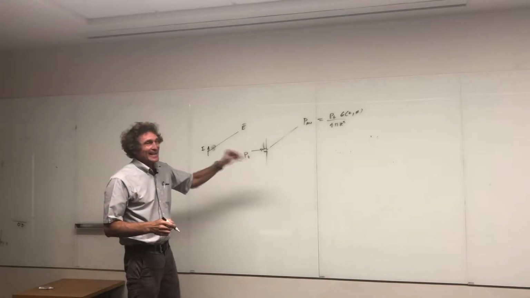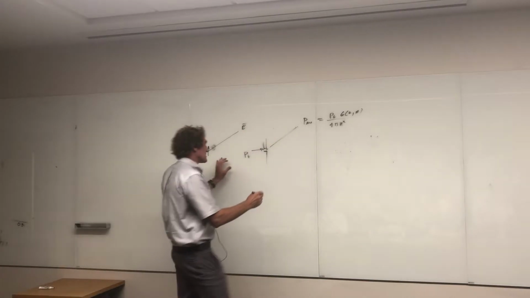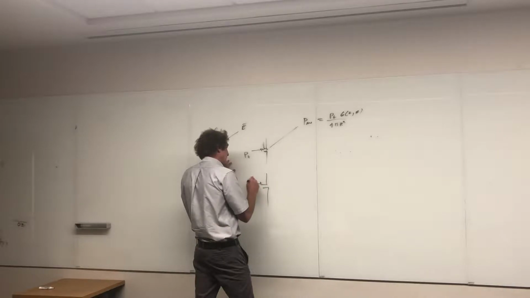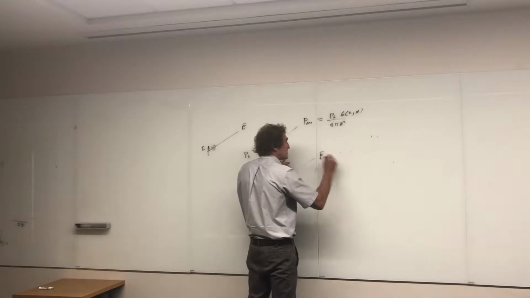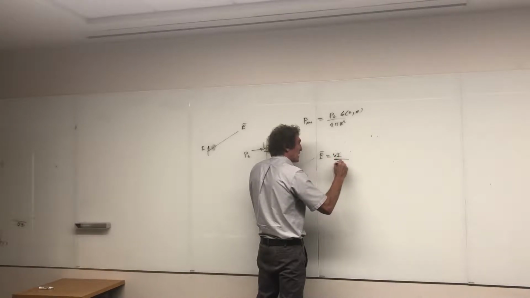When we talk about antennas in general, we can talk about power, or we can say that an antenna itself, with a current instead of a power, creates an electric field out here, and the electric field is equal to the current times k over 4 pi r squared.